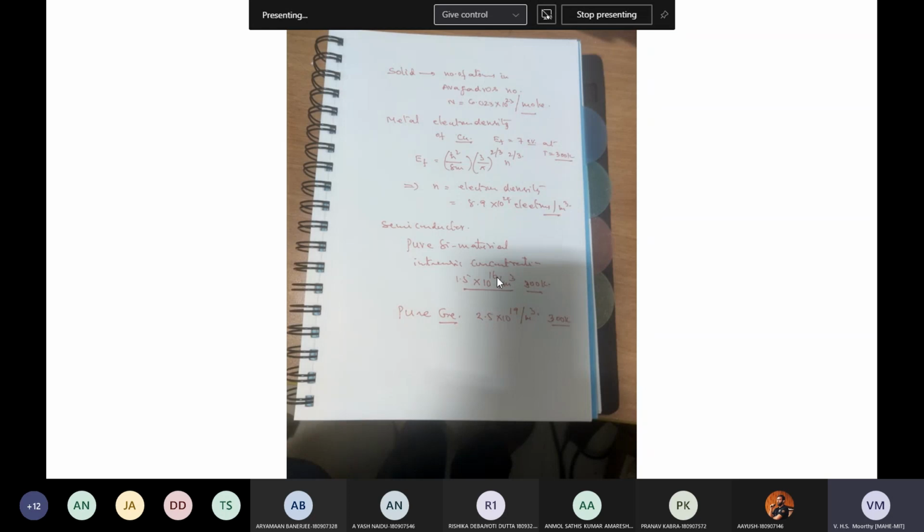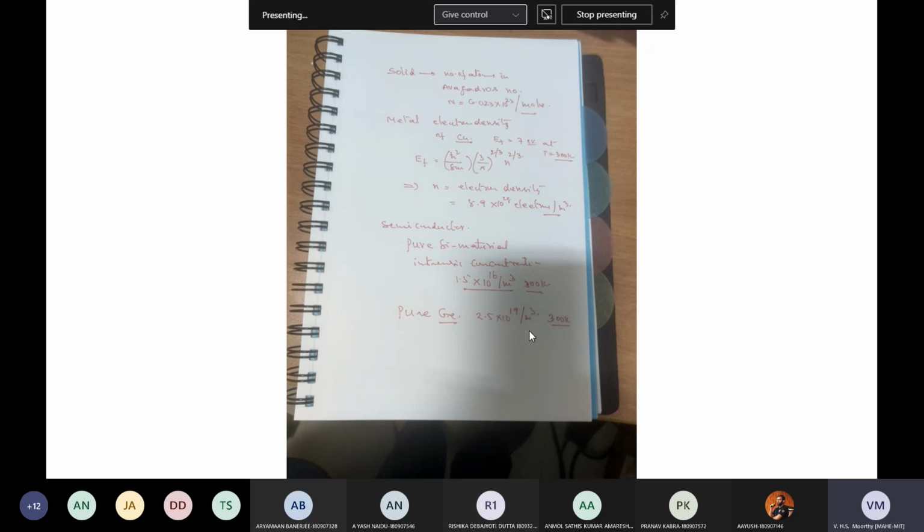But in semiconductors, temperature has great importance, because it depends on the temperature at which we consider the material. At 300 Kelvin, this is the intrinsic electron density for pure silicon. For pure germanium it is 2.5 times 10 power 19 per meter cube.